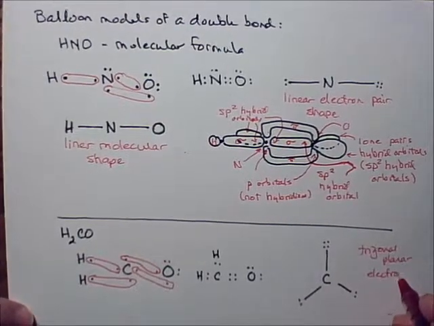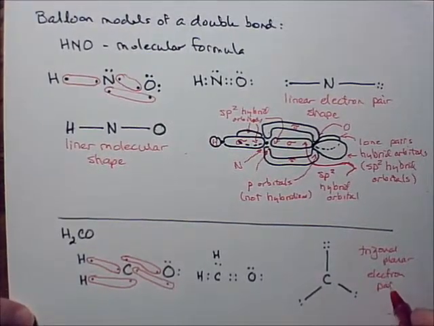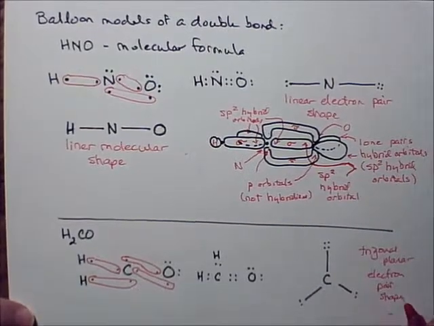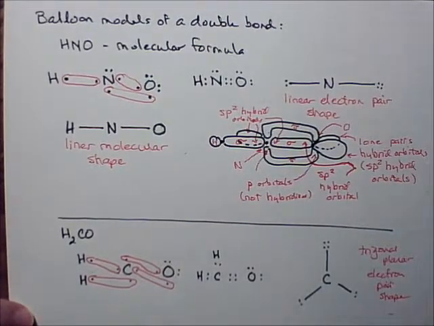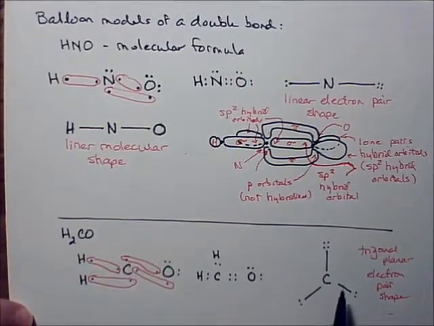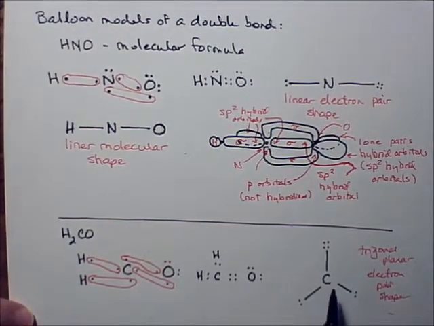That's an electron pair shape. And from that, then we replace the sets of electron dots with the atomic symbol of the atoms they are shared with. In this case, all the sets of electrons around this central atom are shared, so we're going to replace all of them. So then carbon is here.